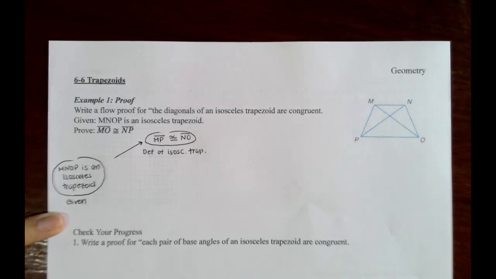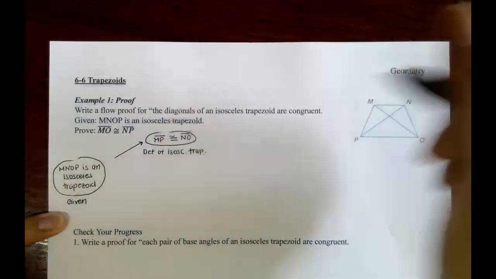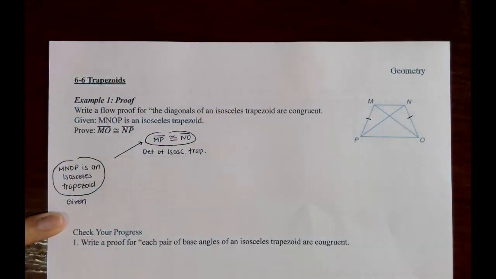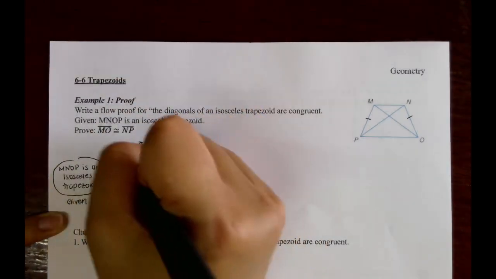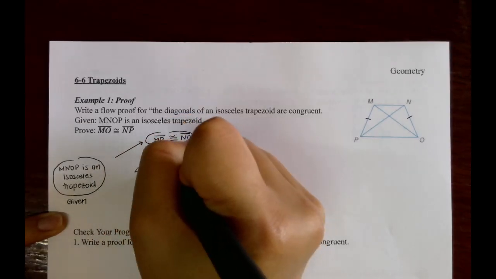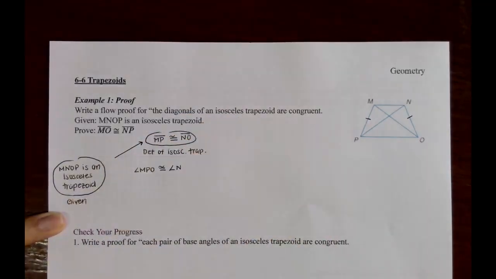Also, because it's an isosceles trapezoid, the base angles are going to be congruent. So let me just mark MP congruent to NO. And then I also know that the base angles are going to be congruent. So angle MPO is congruent to angle NOP.